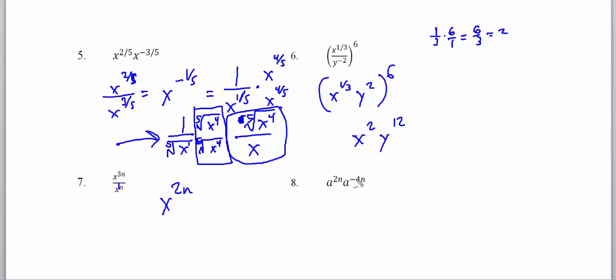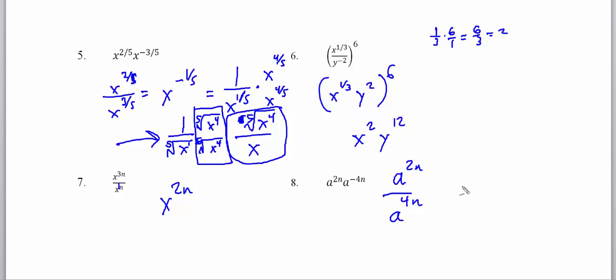In problem number 8, since I have a negative exponent, I'm going to rewrite it without the negative exponent: a to the 2n in the numerator, a to the 4n in the denominator. And again, you can decide how you want to do this, because you could have also gone straight across and added the corner numbers, but this is just one way I did it.